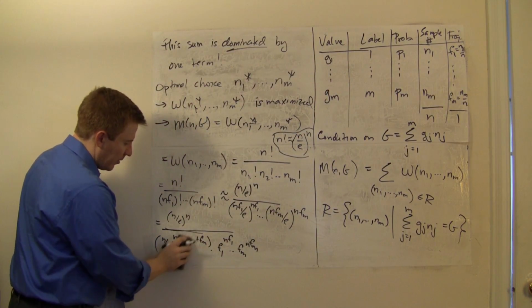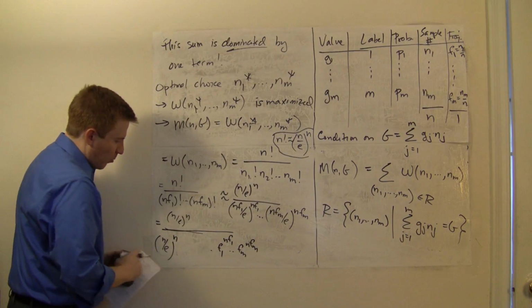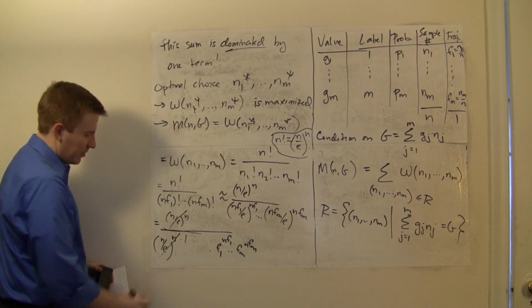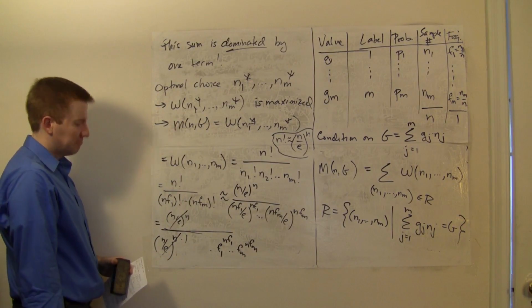Now, by assumption, these frequencies were just the relative proportions of the sample number, so this is the point: they add up to 1 by definition, and then these two terms cancel.